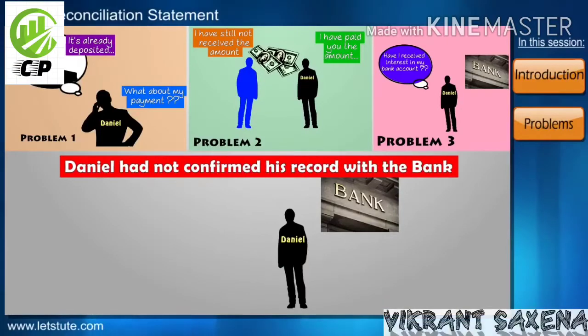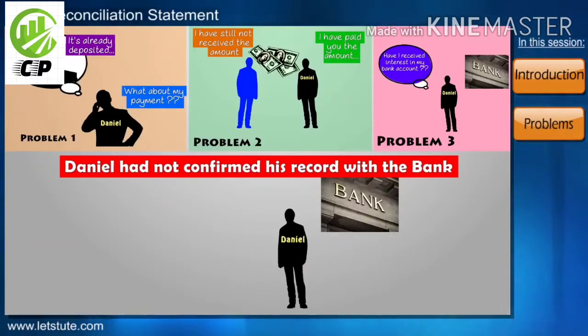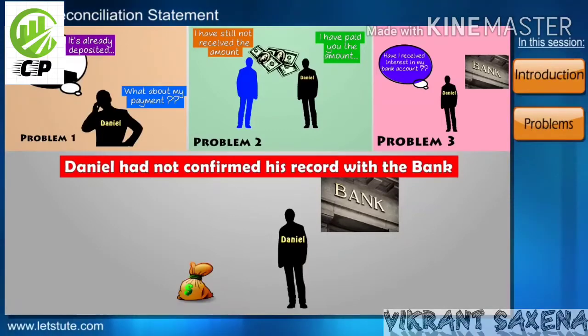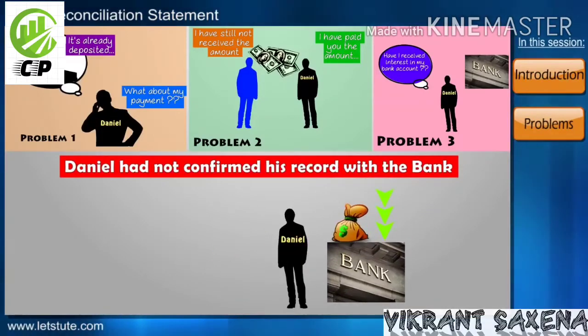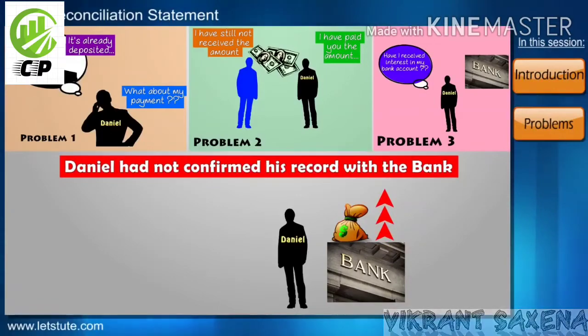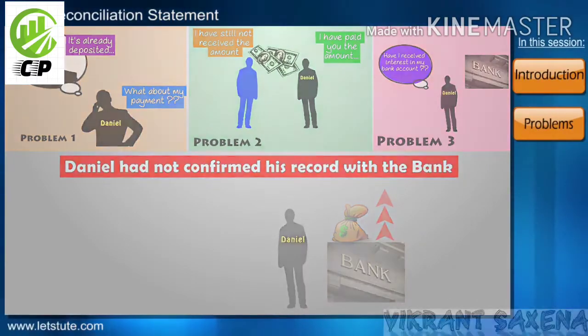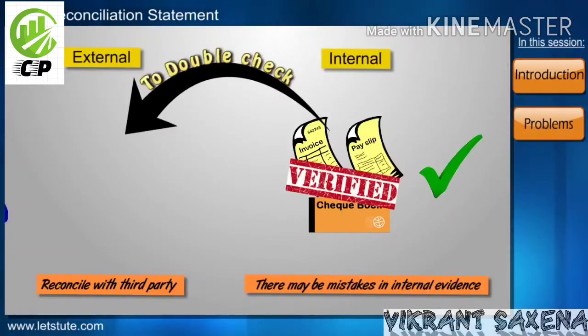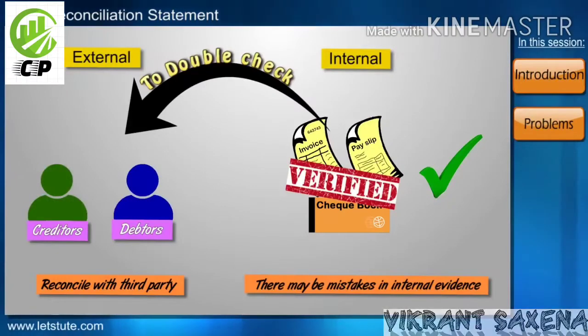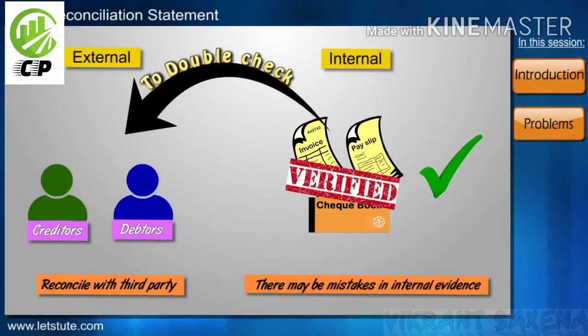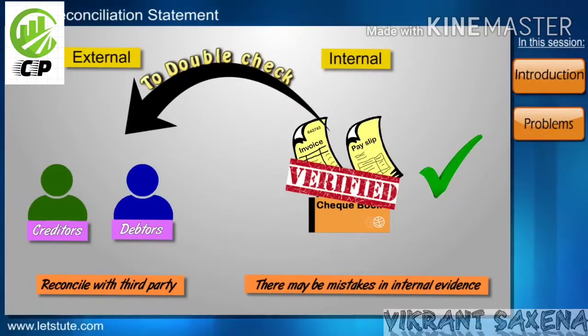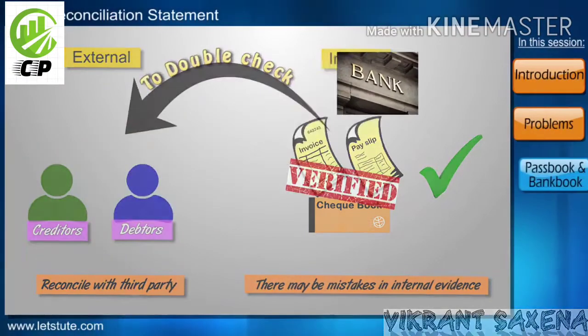Daniel had not confirmed his records with the external party, that is the bank, to see if the money had really come into his account or deducted from his account. So like we get external confirmation from debtors and creditors to reconcile balances with them, in a similar manner, we also need to reconcile our records with the bank.